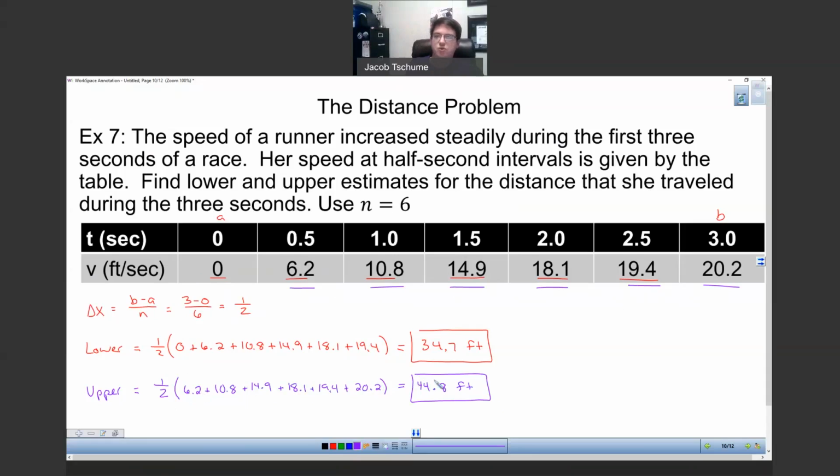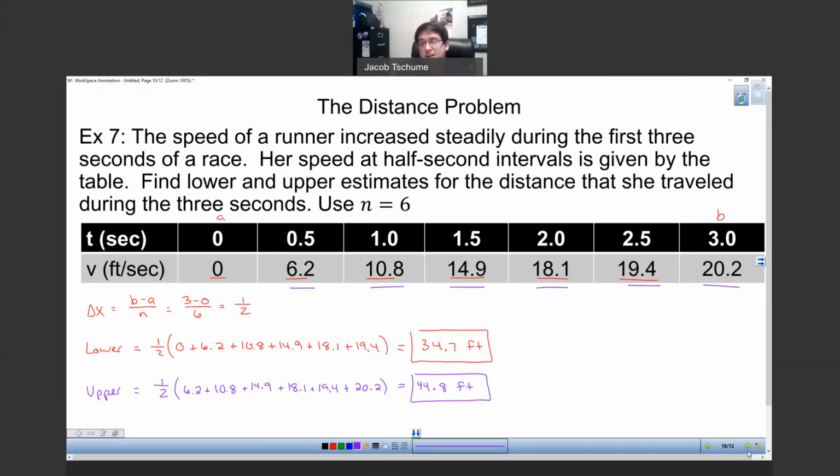And that's just showing you where rectangles can be helpful, so we can approximate how far certain people run if we know their measurements in certain intervals. Obviously, more intervals the better, but as far as doing it by hand, 6 intervals is not too bad.